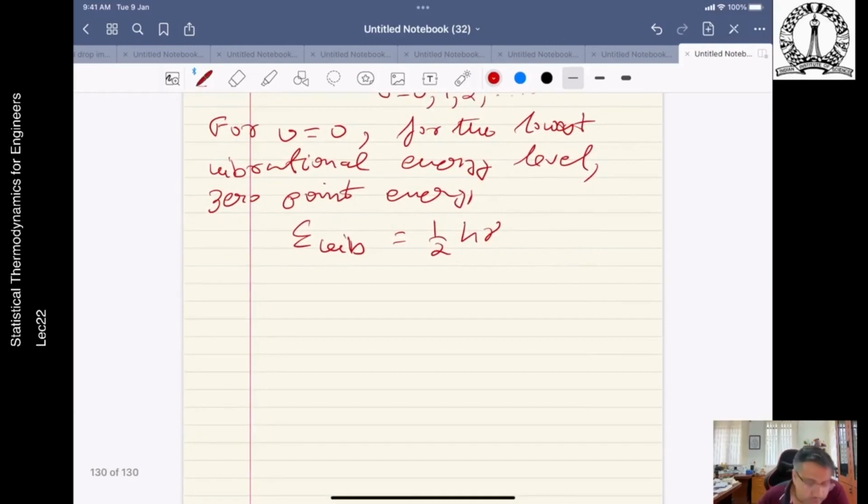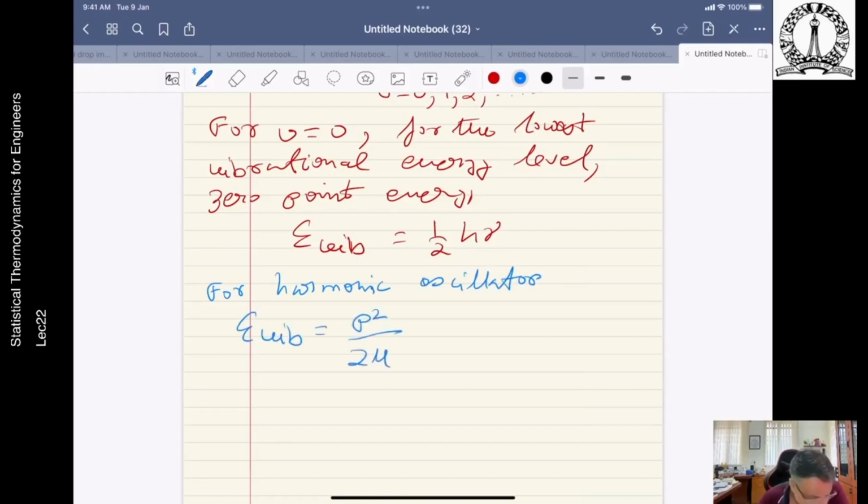Okay, so for the harmonic oscillator, E vibrational is equal to p squared by 2 mu plus k naught x squared by 2.